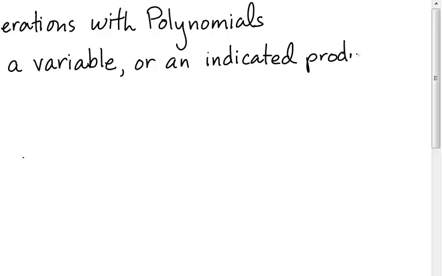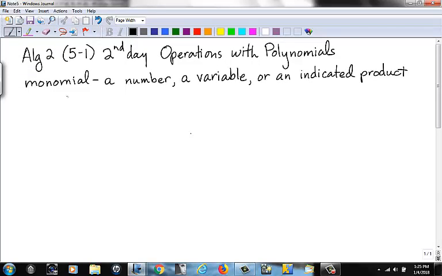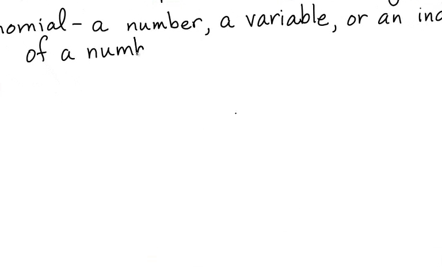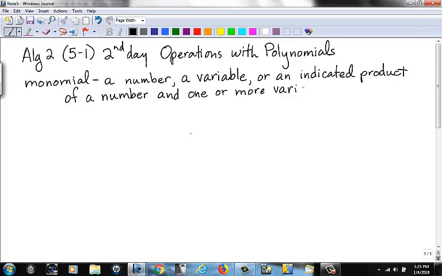Remember, product means you're multiplying. An indicated product of a number and one or more variables. And when I taught this before, that's where we stopped. It just said a number, a variable, or an indicated product of a number and one or more variables.